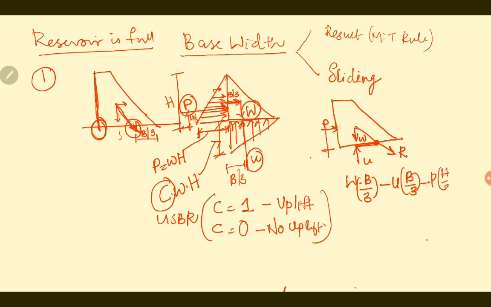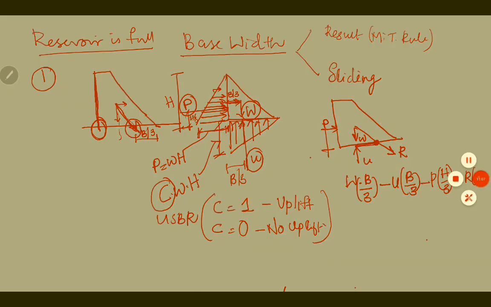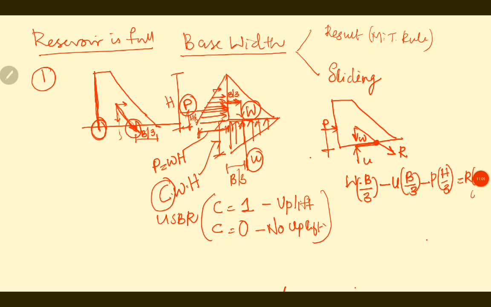So H by 3 is equal to what? R into, it is the same point. So R into 0, right? So here you get the equation W minus U into B by 3 minus P into H by 3 is equal to 0. Fine. Now what is this W?